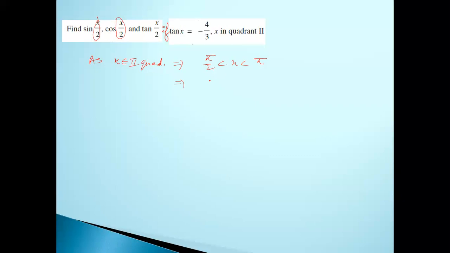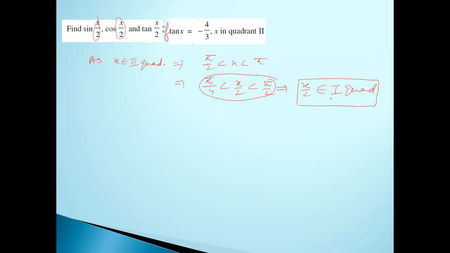Dividing all by 2, it will be pi by 4 less than x/2 less than pi by 2. That is, x/2 belongs to the first quadrant. We have to be very careful that x/2 will lie in the first quadrant, and we know that in the first quadrant all t ratios are positive. So let's see how to solve it.